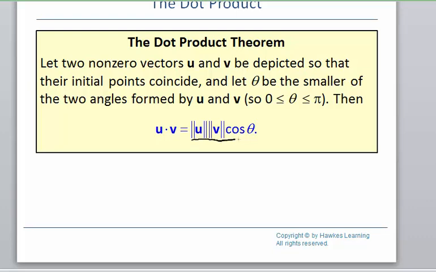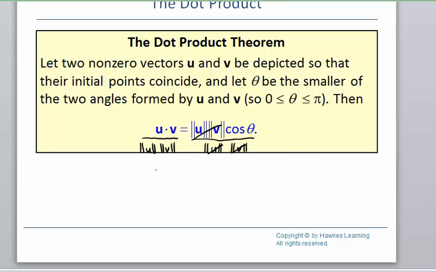We're going to take this right-hand side and solve it for cosine, which means I'm going to divide both sides by these two magnitude values. And remember, if we do it to one side, we also need to do it to the other. What that gives me is an expression for cosine, because everything's going to cancel, and we'll have cosine equaling the dot product of u and v over the magnitude of u times the magnitude of v.